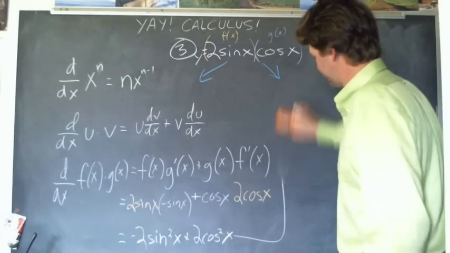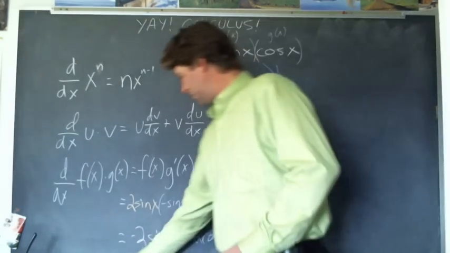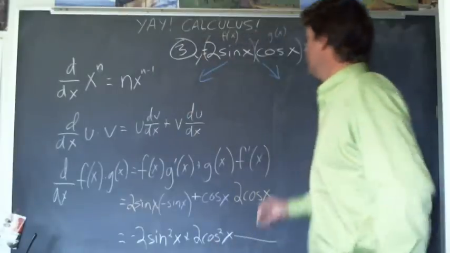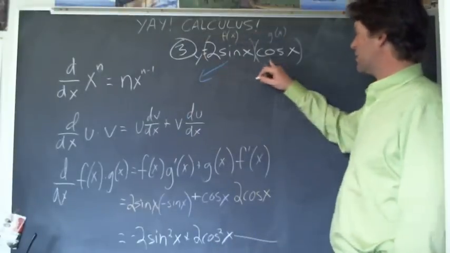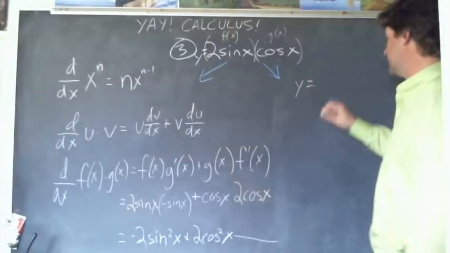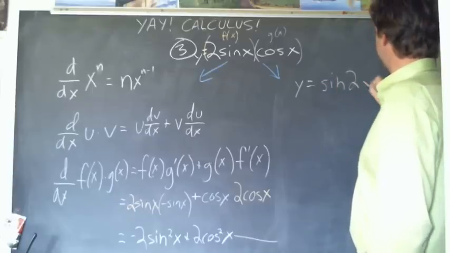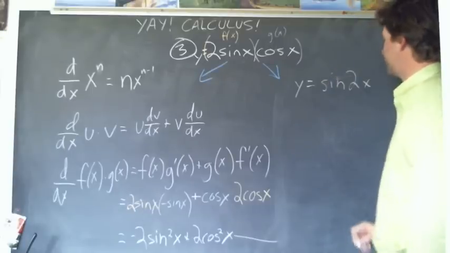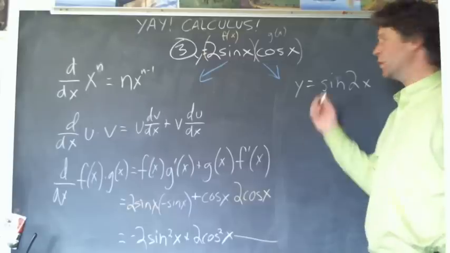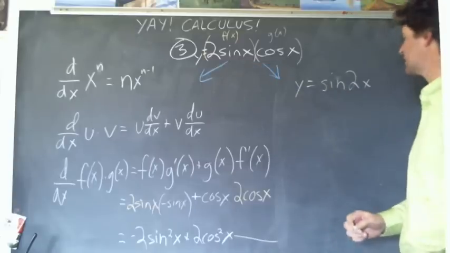A good trick to avoid having to use the product rule, even though everybody likes to practice, is to recognize that 2 sine x cosine x is actually the same as sine of 2x. They're one and the same. The double angle formula for sine of 2x is 2 sine x cosine x.